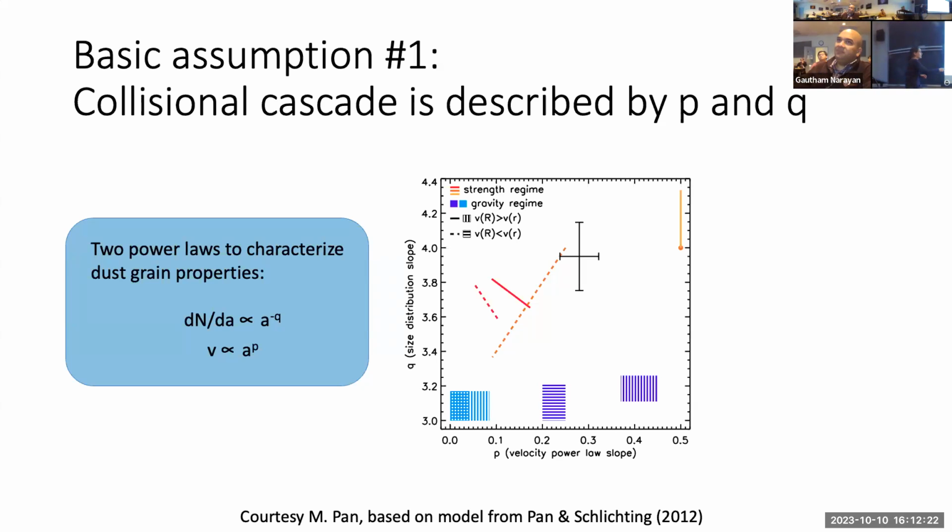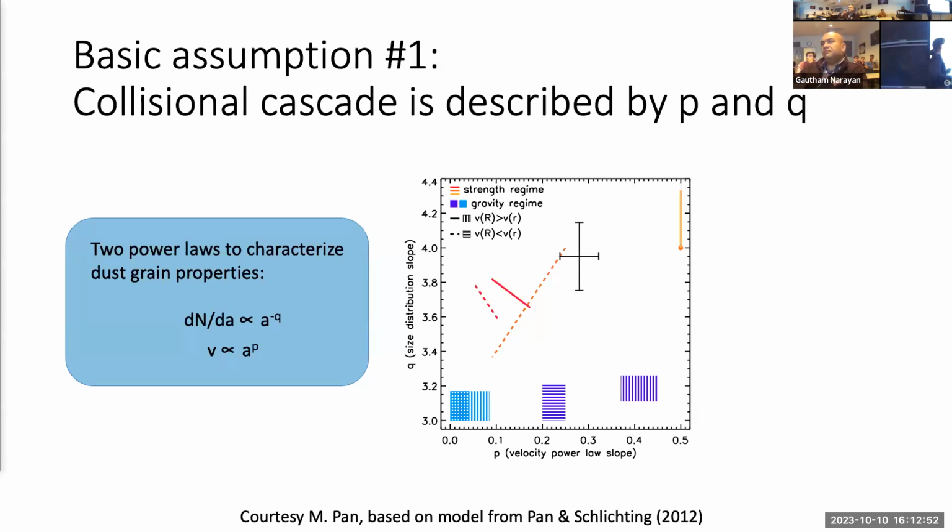The other power law index is P, and that says how the velocity dispersion of those grains depends on the grain size. Is it fairly uniform, where everything is in equilibrium and all of the grains of different sizes have the same velocity dispersion? Or is there some damping that affects grains of one size, but not grains of another size? There's a lot of theoretical background to this, but this is a prediction based on Margaret Pan and Sculpting's model of the collisional cascade, the way these grains grind down.